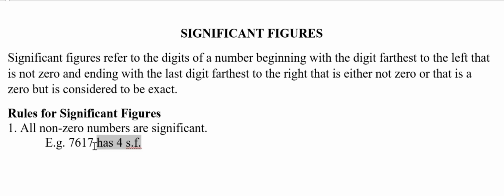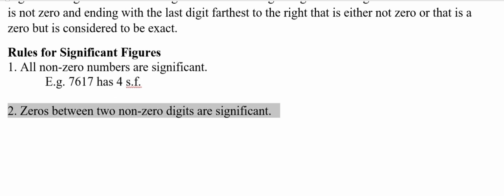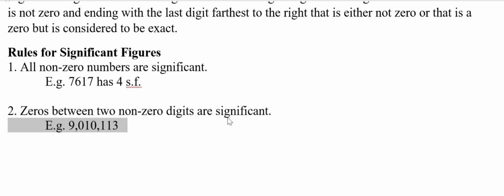The second rule is that zeros between non-zero digits are significant, meaning if we find zeros which are written between digits which are not zeros, then we consider those zeros to be significant. Take an example of this number we have here, 9,010,113.